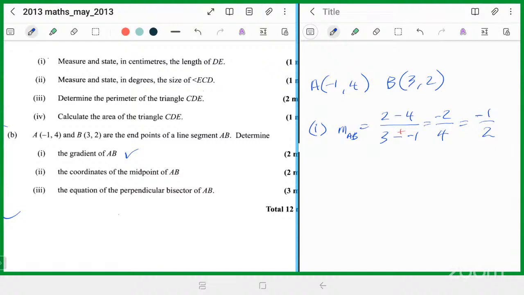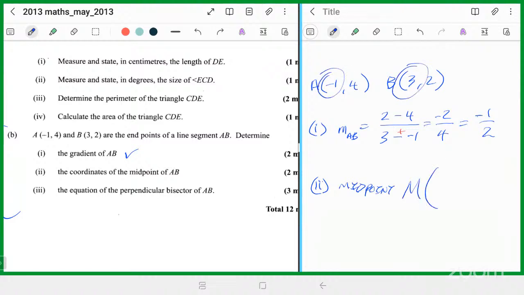Then it wants the midpoint of AB. Remember, the midpoint is like an average point. It's a capital M. We average the two x values, negative 1 plus 3 over 2, and the average y value, 4 plus 2 over 2.